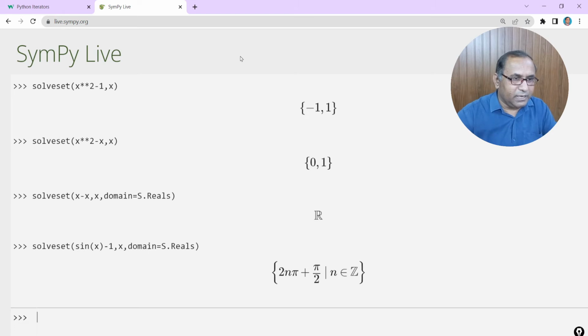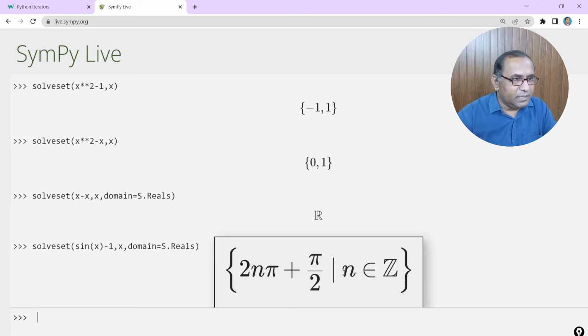So this is the returned set of solutions for the equation sin x minus 1 is equal to 0, which is 2n pi plus pi by 2, where n is an integer.